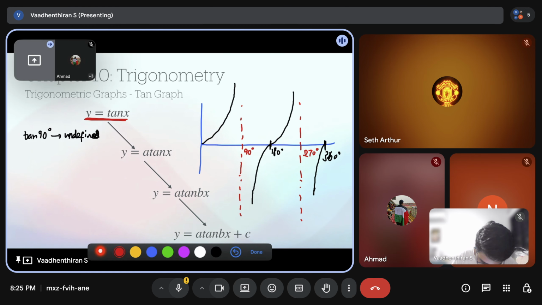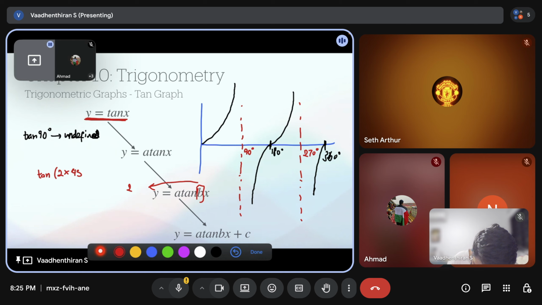And this asymptote also varies depending on the period. So if this period is 2, this will move towards the left. So it will be at 45 degrees and 225 degrees. Depending on this period, the asymptote and the graph will move, because when you write tan 2 times 45, then only you get 90 degrees.